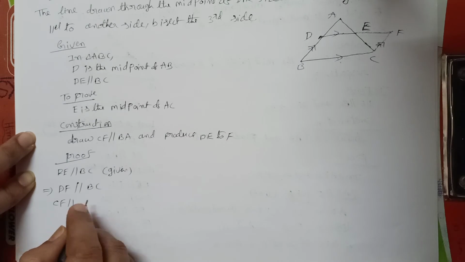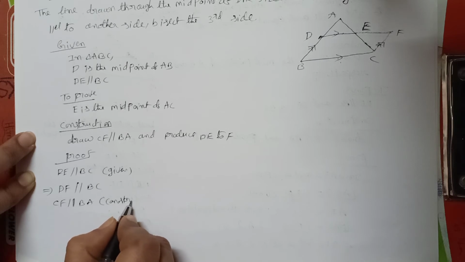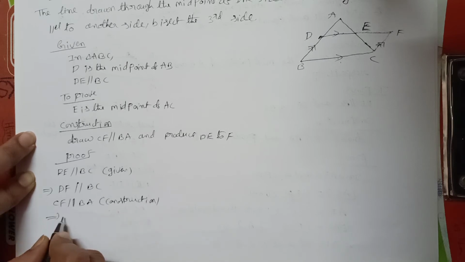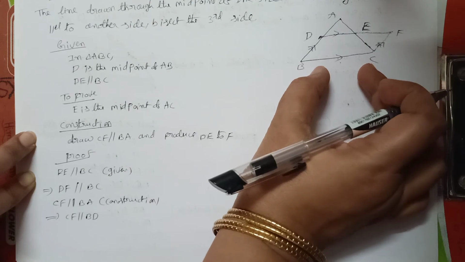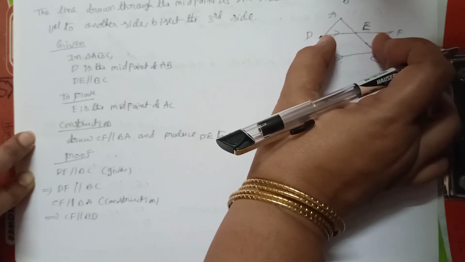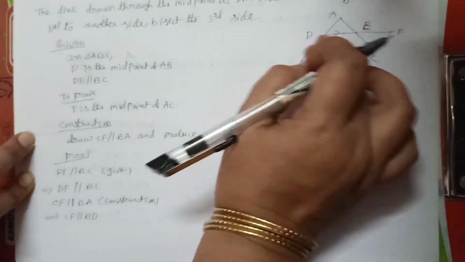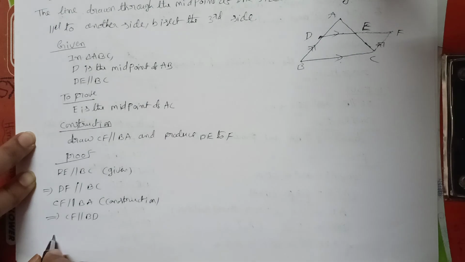Now CF is parallel to BD and BC is parallel to DF. In a quadrilateral, if both pairs of opposite sides are parallel, then it is a parallelogram. Therefore, BCFD is a parallelogram.